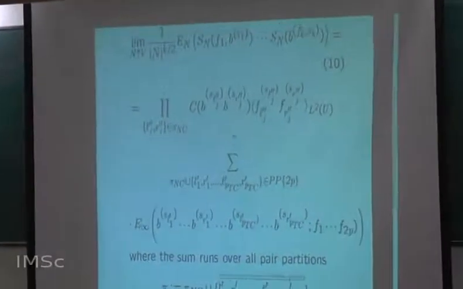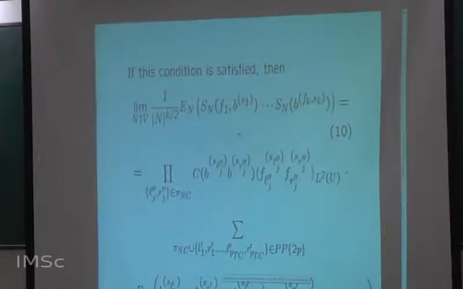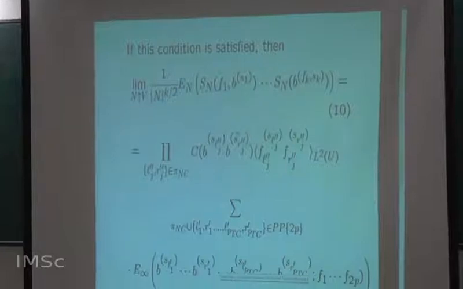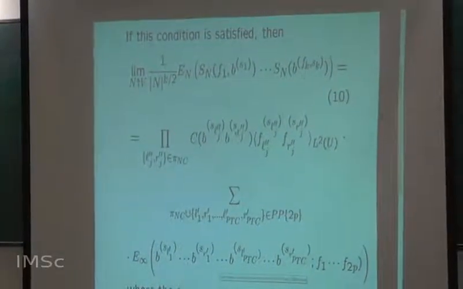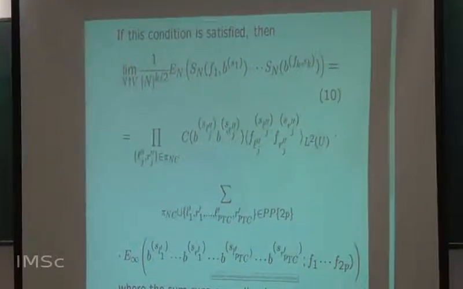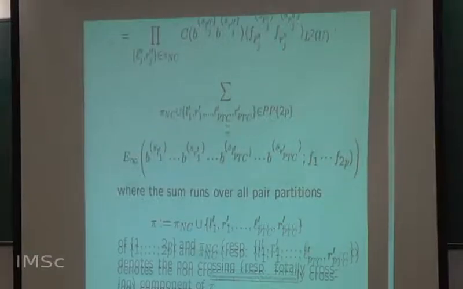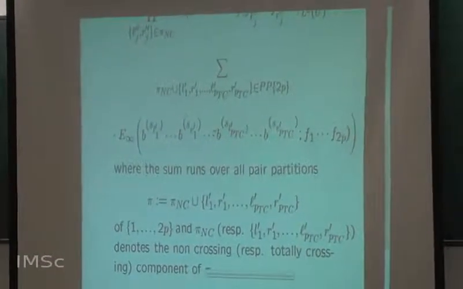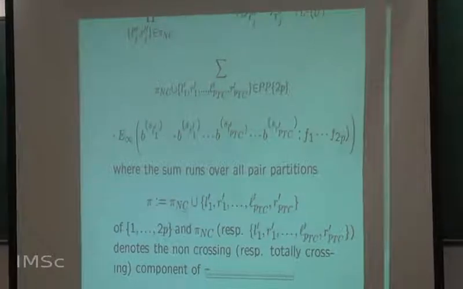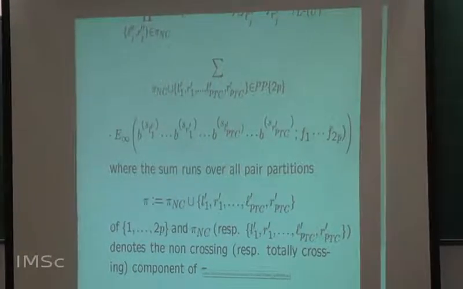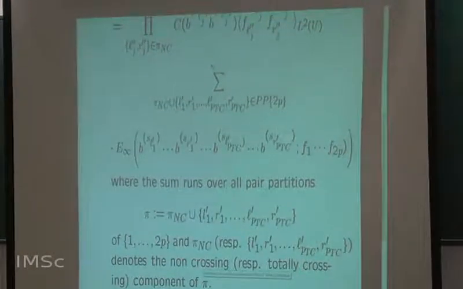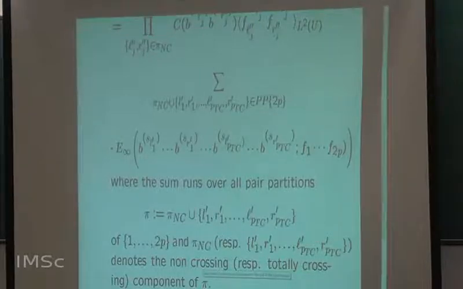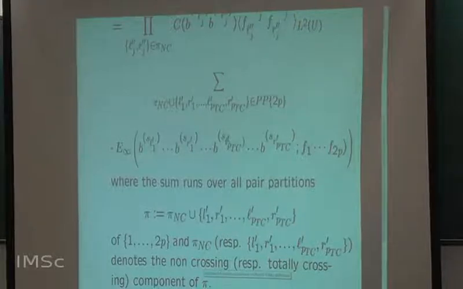So in this formula, you are summing over all possible partitions which have two components. And I use this notation. The non-crossing partition as the index with the double strike, and the crossing partition with a single strike, the totally crossing part of the partition, okay?